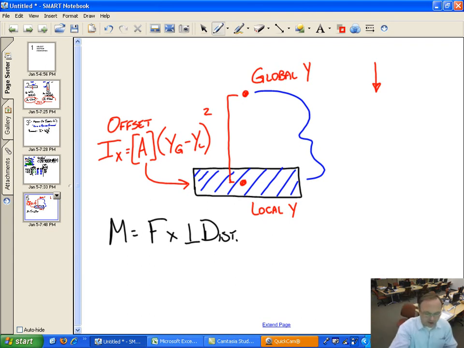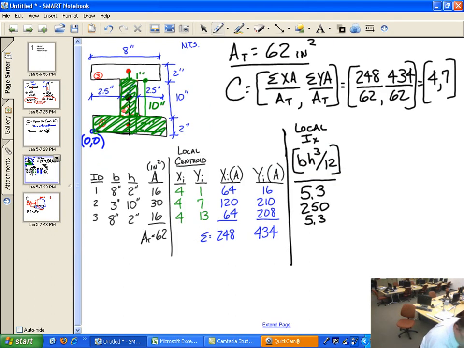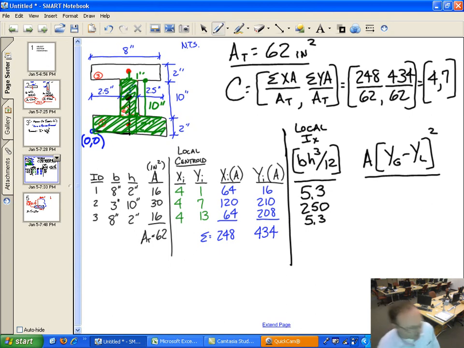So this distance between global Y and local Y squared times the area is going to contribute to a resistance to bending also, or contribute to your moment of inertia. So we have area times Y global minus Y local squared, because our loads are coming down this way. So the distance offset plays a role.